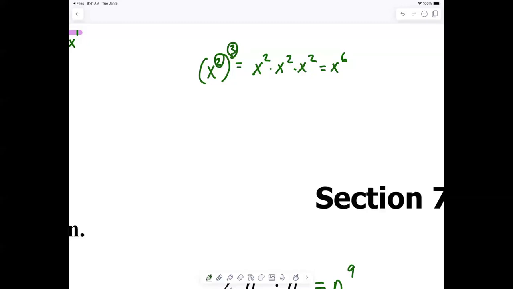Power to a power, you multiply. Anybody have a problem with that? All right. So your rule today is when you multiply, you add exponents. Power to a power, you do what? Multiply. So let's see how that helps.